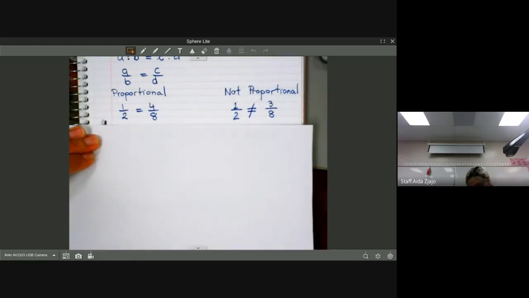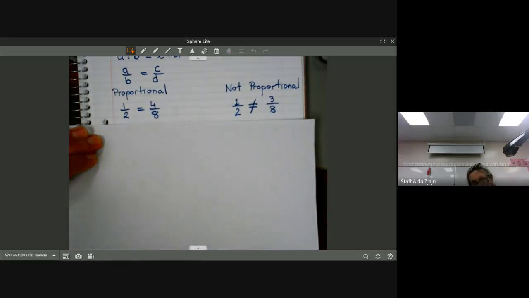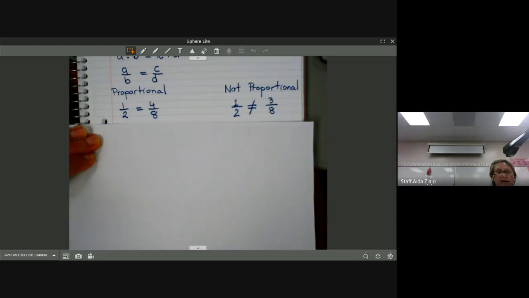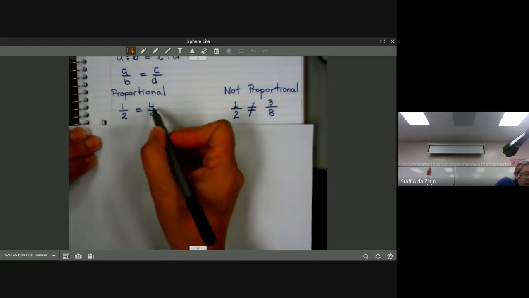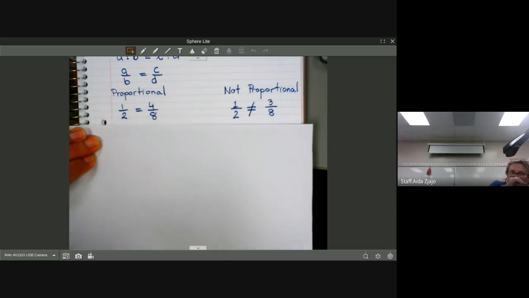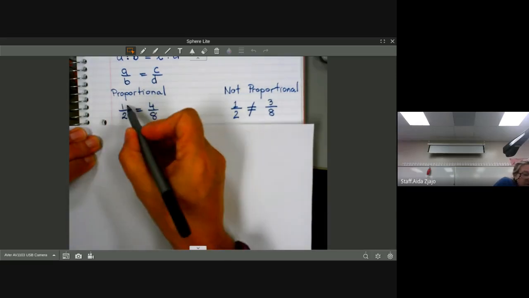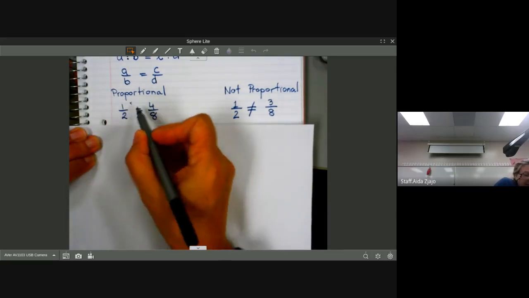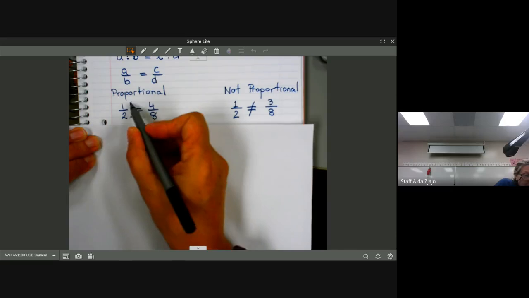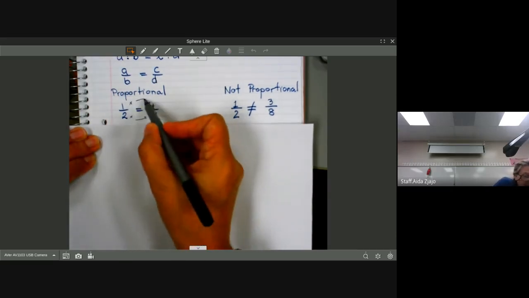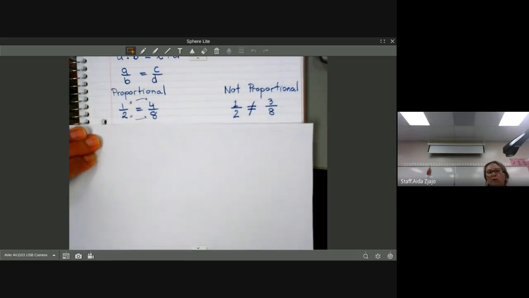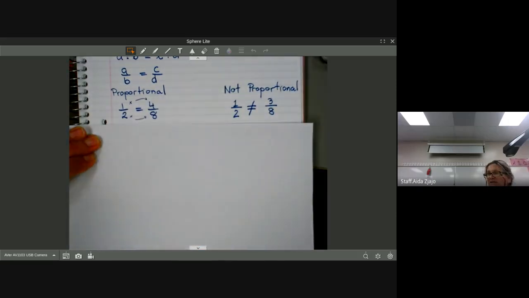Is there somebody who knows what I multiply each numerator and denominator by to get to 4 and 8? What did I multiply the numerator and denominator by?